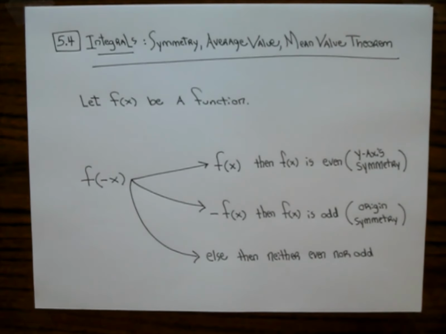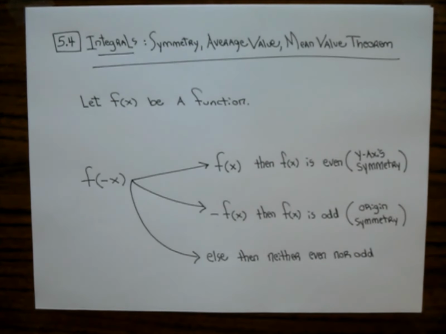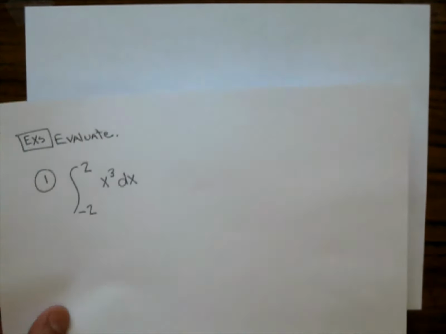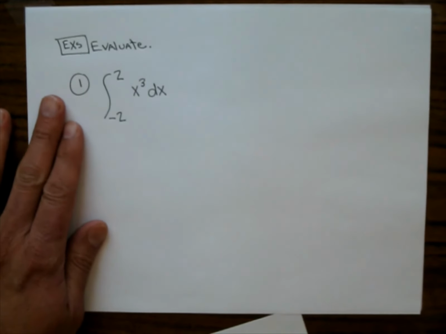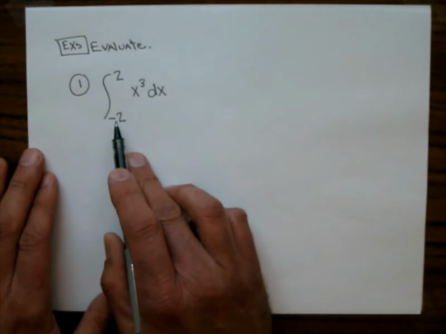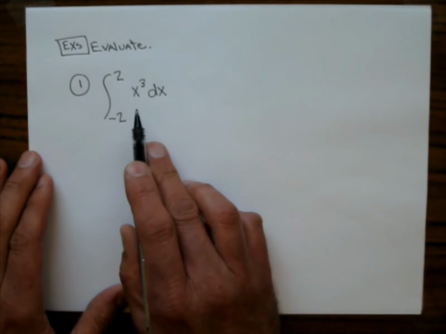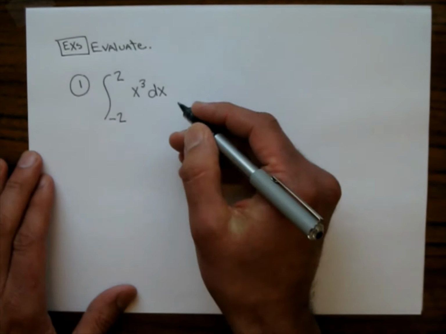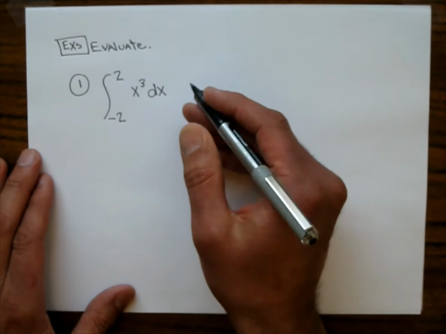Let's go ahead and evaluate some integrals and see some properties with symmetry and some definite integrals. So here's our first problem here. What we're going to do is use the fundamental theorem of calculus to evaluate this integral. So what am I going to do?